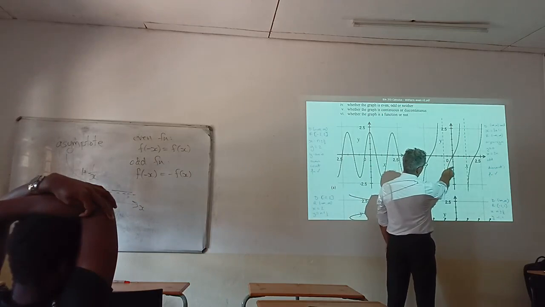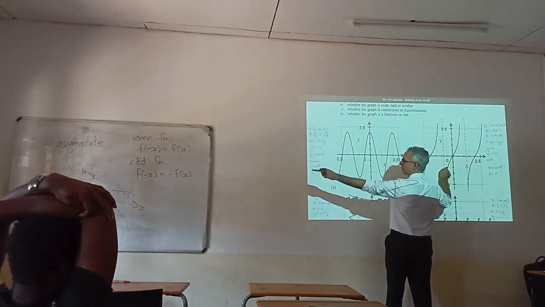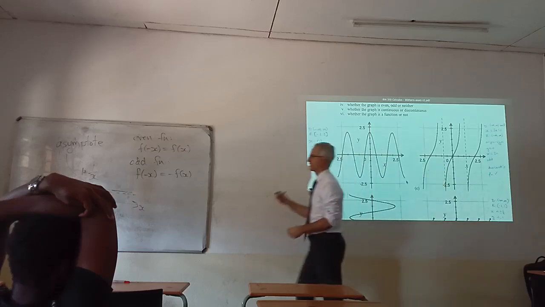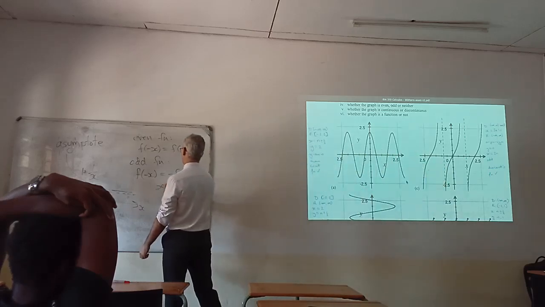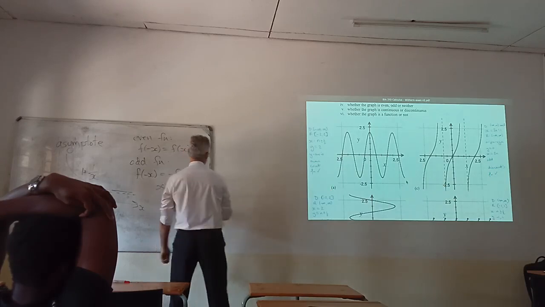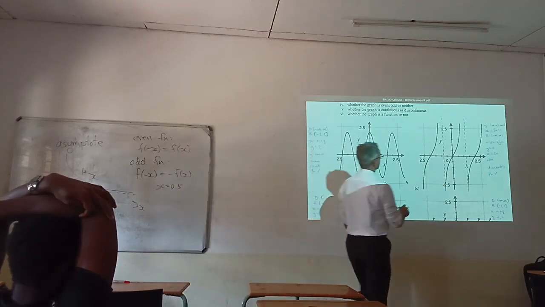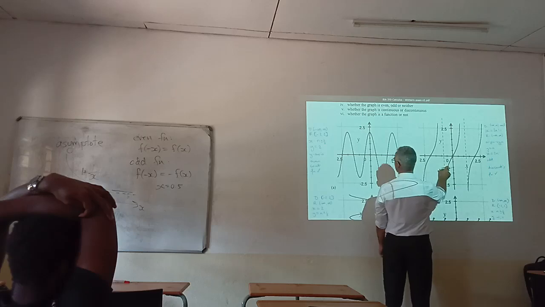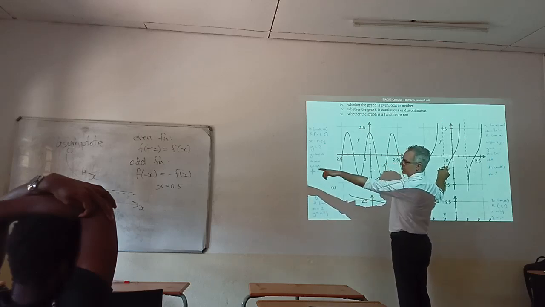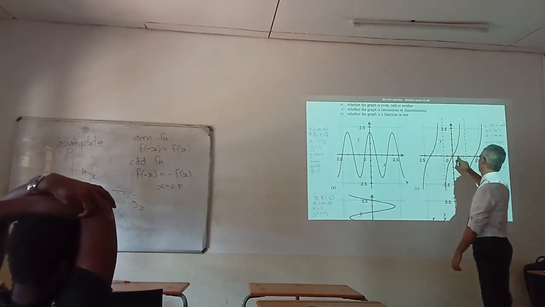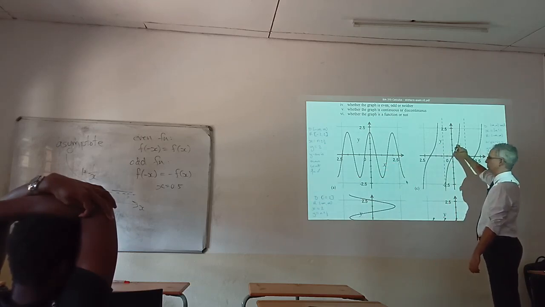There's the function. It's minus 1. So the function of minus x, remember we're choosing x equals 0.5, then the function of minus x is minus 1. Now, what is the function of x? So at 0.5, the function of x is 1.